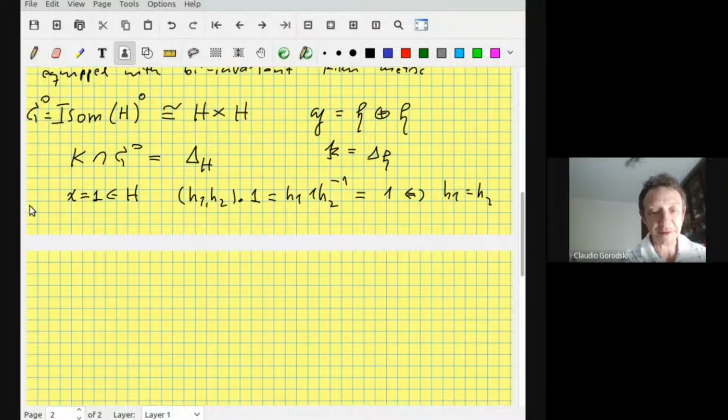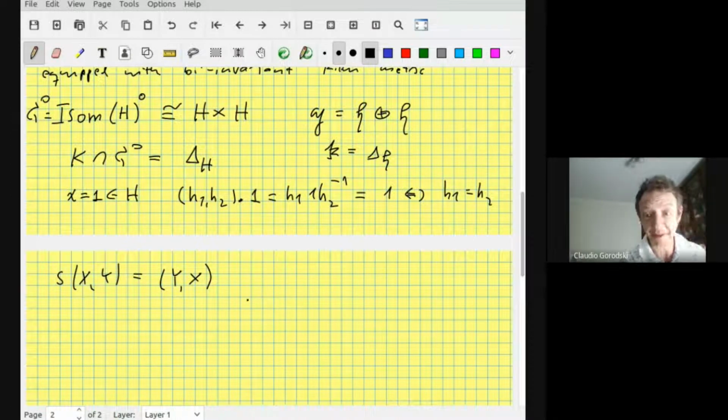Well, the involution must be transposing the coordinates.